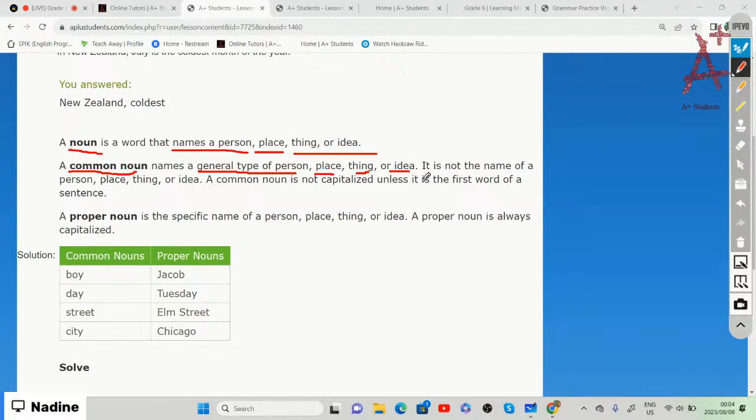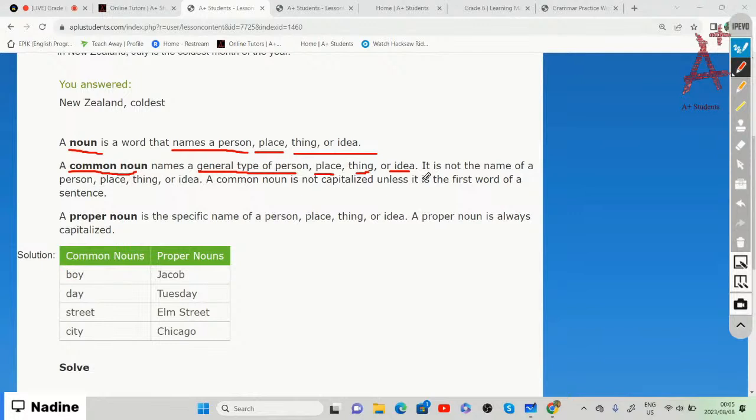When we say general, it means that it is not specific. For example, instead of saying the person's name, you can just say the girl, the boy, the woman, or the man. That is generalizing, because it can be any girl, any boy, any woman, any man.